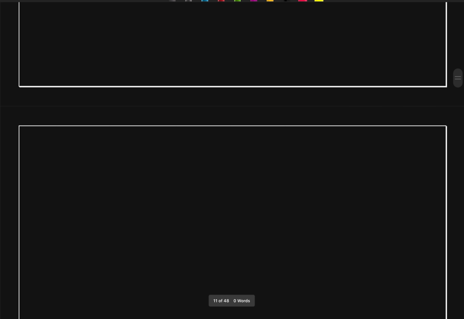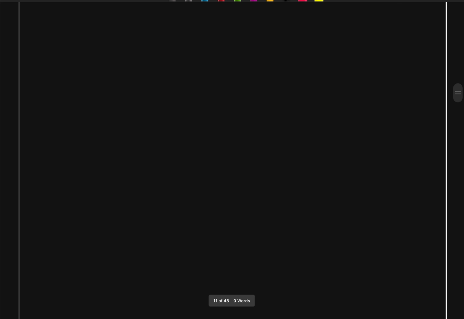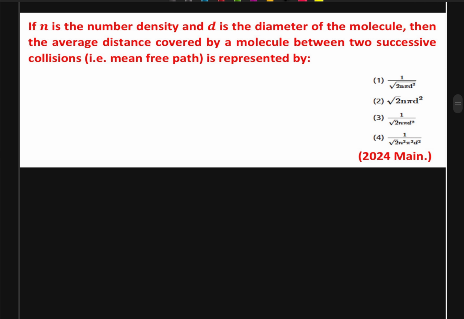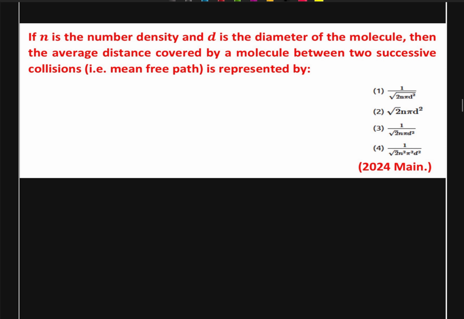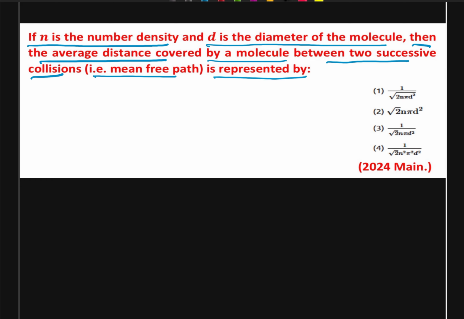Next question. It states that if n is the number density and d is the diameter of a molecule, then the average distance covered by the molecule between two successive collisions, that is the mean free path, is represented by. So this is directly the formula itself.